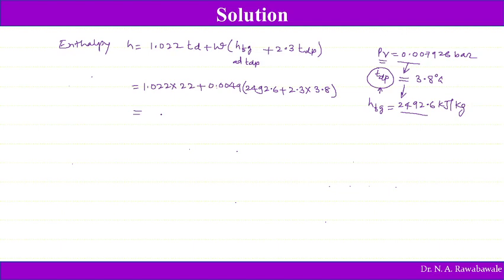So on simplification we get enthalpy as 34.74 kilojoules per kg of dry air. So this is how we get enthalpy.